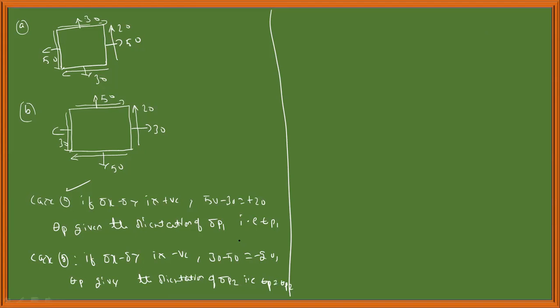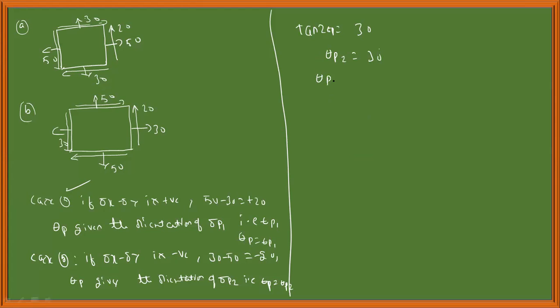It means that if sigma x minus sigma y is negative, whatever angle I calculate from tan 2 theta p equal to 2 tau xy by sigma x minus sigma y, if I get say 30 degrees, then this 30 degrees is nothing but theta p2.